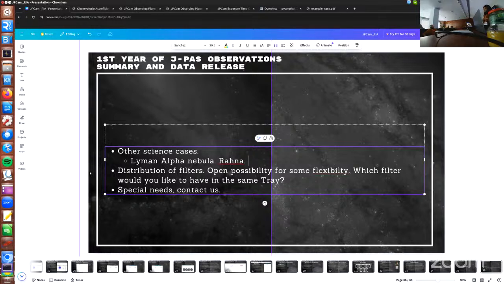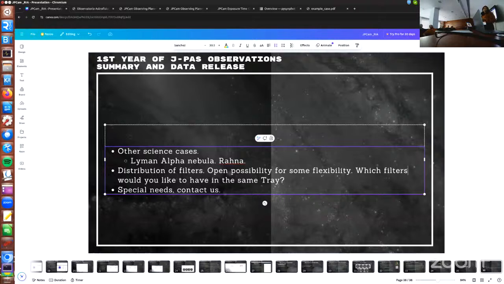In my case, I have some targets which I want to confirm are extended emission, and JPAS was the best tool to do my science. If I'm planning to propose and get much deeper observation, I know they cannot change the filter tray, but some of my targets can fit with the existing filters. So I have a suggestion: to give some part of the time to deep observation to trace the diffuse emission of galaxies as well as, for example, Lyman Alpha extended nebulae around high redshift cases.